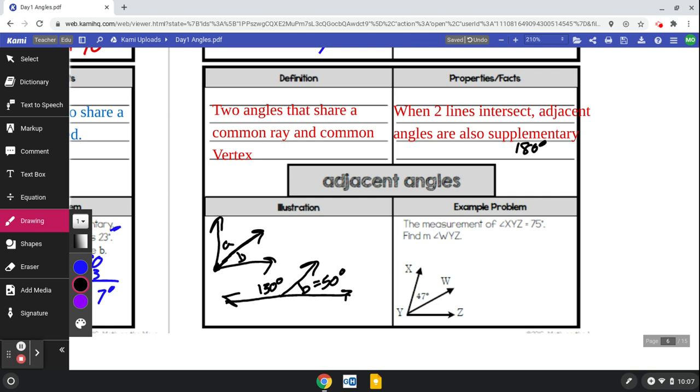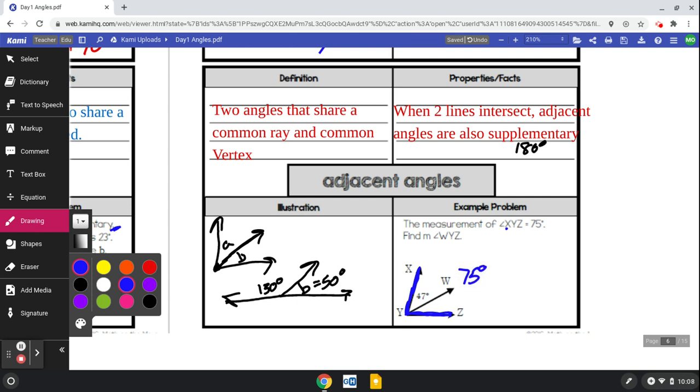Find the measurement of angles X, Y, Z. So that means we're going from X, Y to Z. If that whole thing equals 75 degrees, so they're saying from this part to this part is 75 degrees.